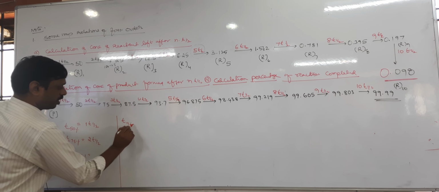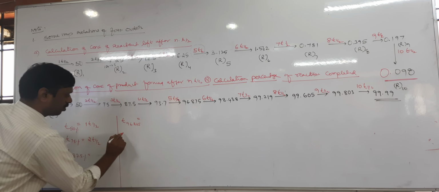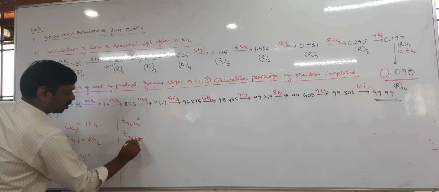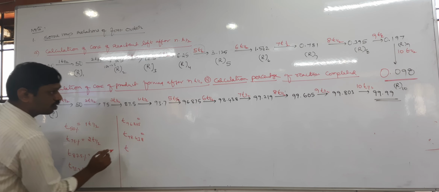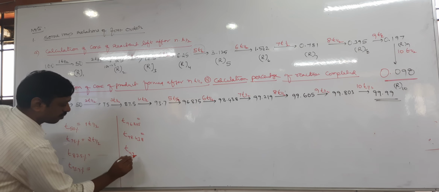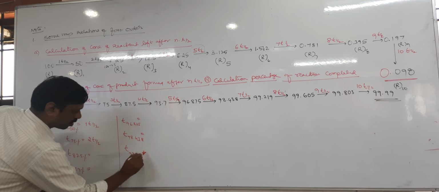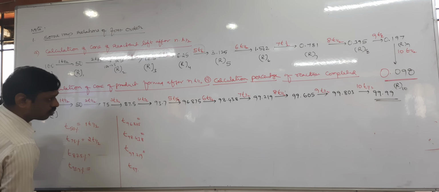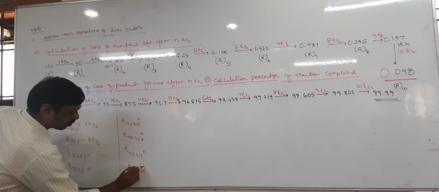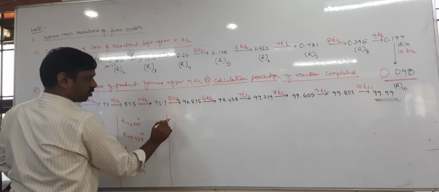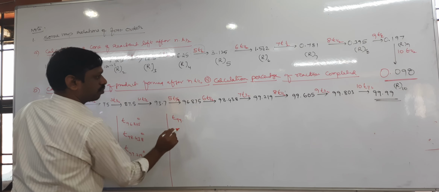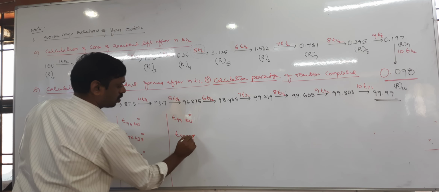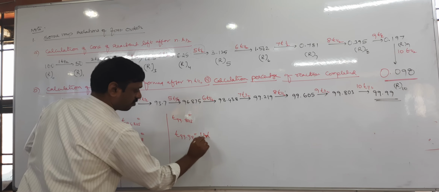93.75 is 4 t half, 96.875 is 5 t half, 98.438 is 6 t half, 99.219 is 7 t half, 99.605 is 8 t half, 99.803 is 9 t half. So this is 10 t half.